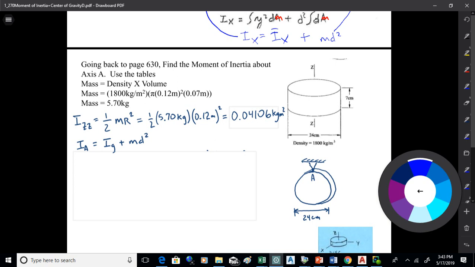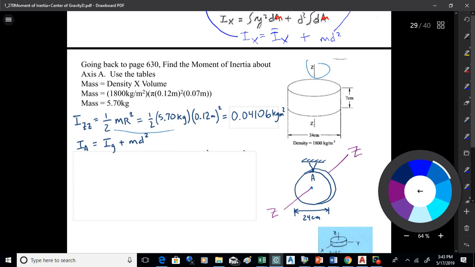We've already gone through what the moment of inertia is for this shape. I've flipped it a little bit, but I still have a z-axis like that. So when I find the moment of inertia of that disk about that z-axis, that's the 1/2 mr squared.